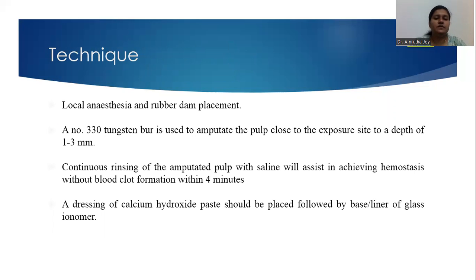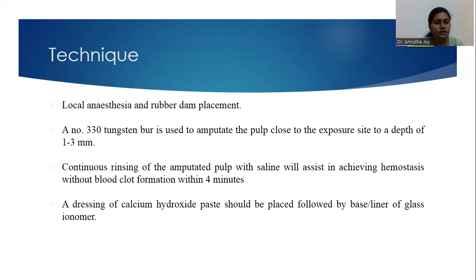Coming to the technique of Cvek pulpotomy, first we have to give local anesthesia and place the rubber dam for isolation. We have to maintain proper infection control throughout the procedure.